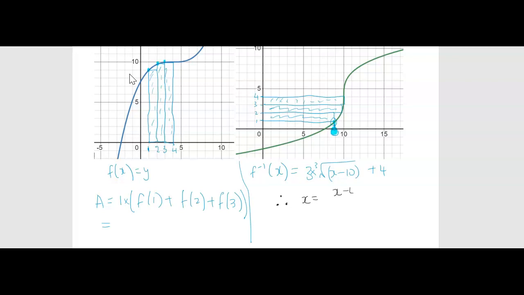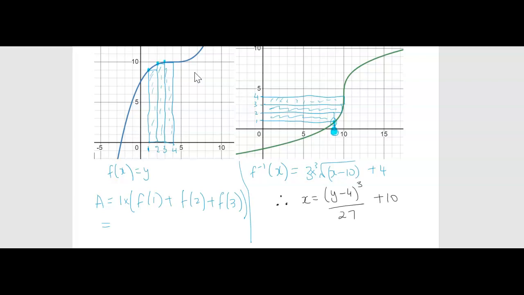Sorry, I'm just getting a little bit lost. So x is equal to, when we rearrange this, y minus 4 cubed over 27 plus 10.